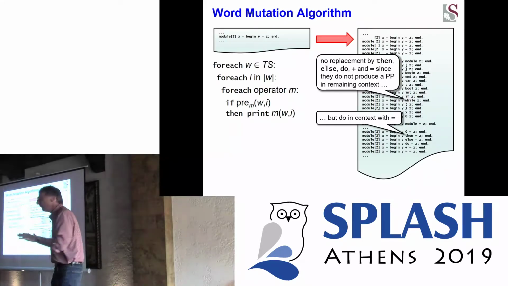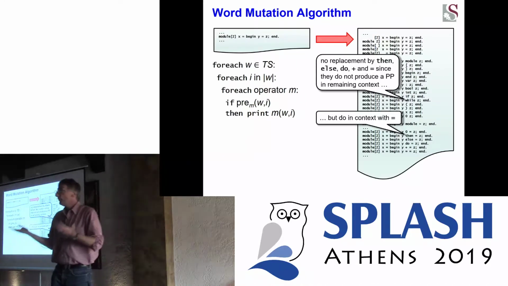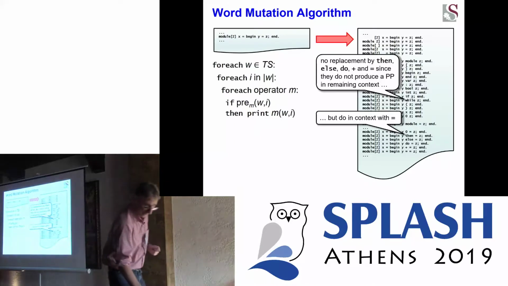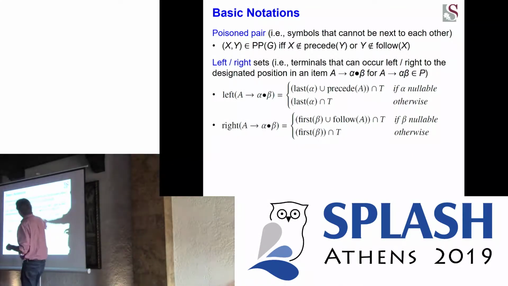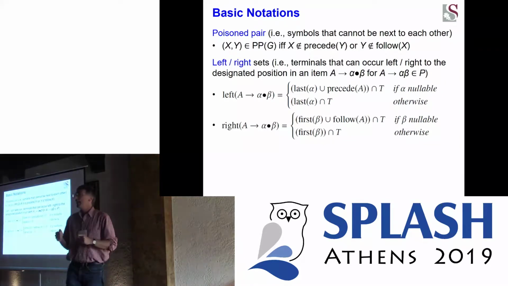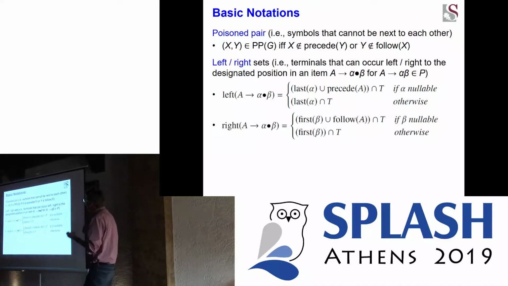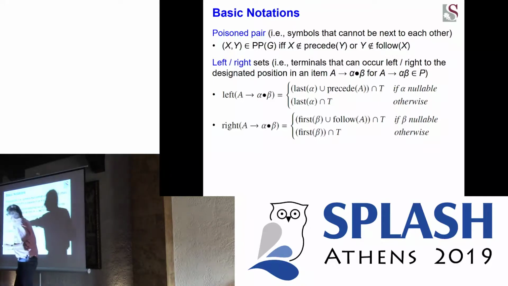In the second step, we're going to lift this from the level of tokens to the level of symbols in a grammar. Right. For that, we need a slightly extended notation. We're going to define a left and a right set. So the left set is the set of terminals that can occur to the left of the designated position in an item corresponding to a rule. Right, so we have the rule A goes to alpha beta.